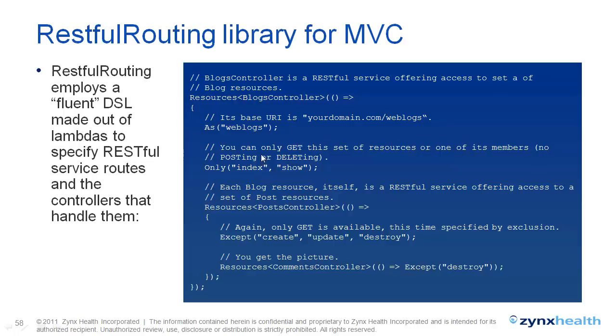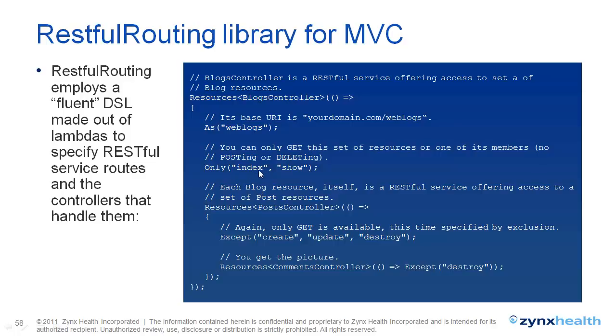For example, a get on a set of resources actually ends up going to an action method called index, whereas a get on an individual resource that is identified by a numerical identifier, as you may recall, invokes the show method. And actually, I guess the fact that those are both gets but do different things illustrates the reason why they needed to have separate names, now that I think of it. Duh.